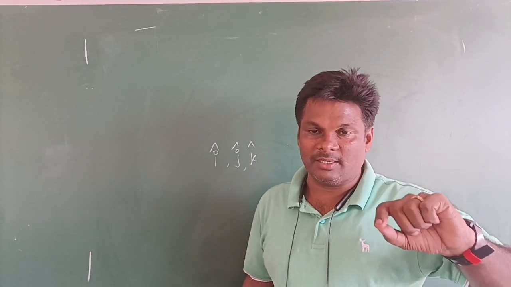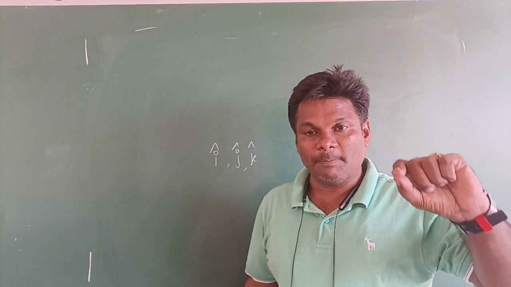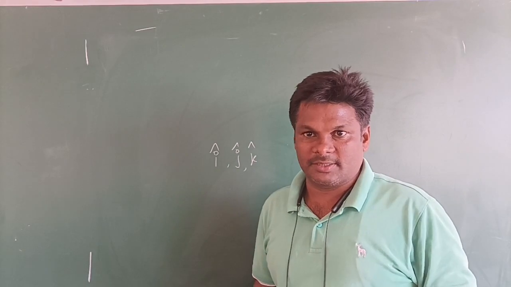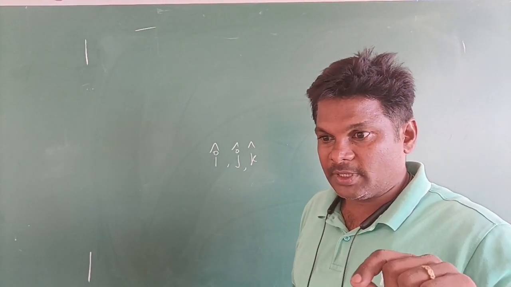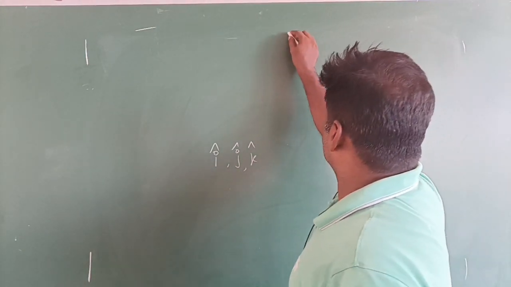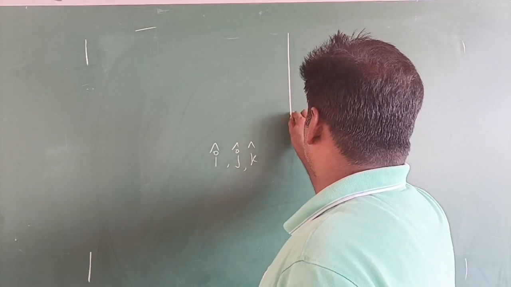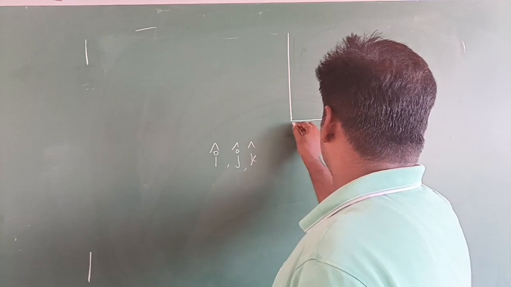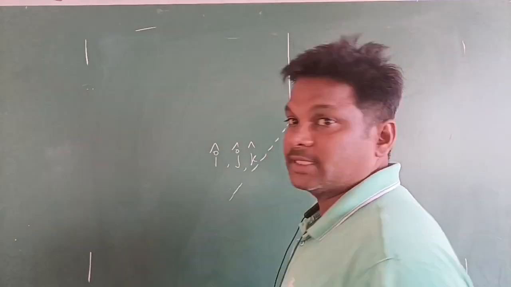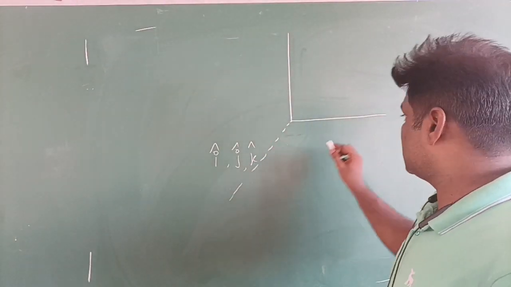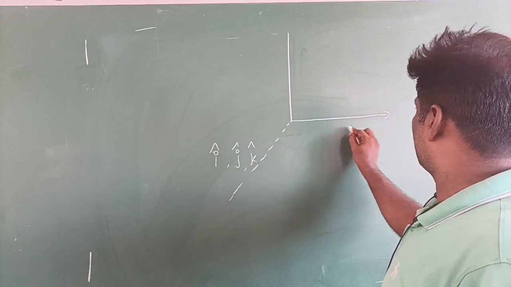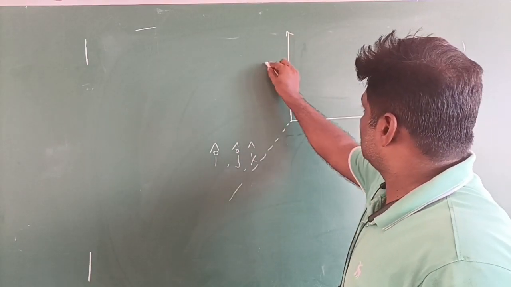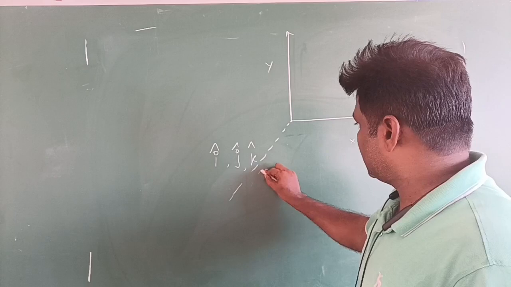All these three are mutually perpendicular lines. Here the vertical axis is the y-axis and horizontal is the x-axis, and this imaginary one is the z-axis.